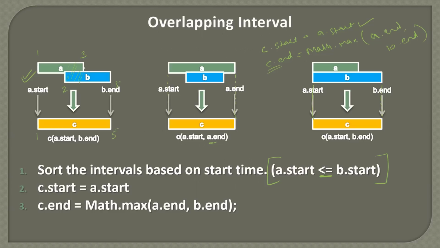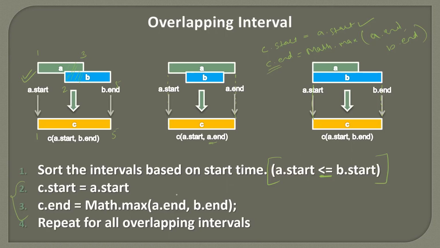Here in this case A dot end was smaller than B dot end, so C became B dot end. In this case, if we merge these two elements, B dot end was lesser than A dot end, so when we merge it became A dot end. And similarly here B dot end is greater than A dot end, so on merging C end becomes B dot end because we have to take the maximum of A dot end and B dot end. So these two conditions are very important.